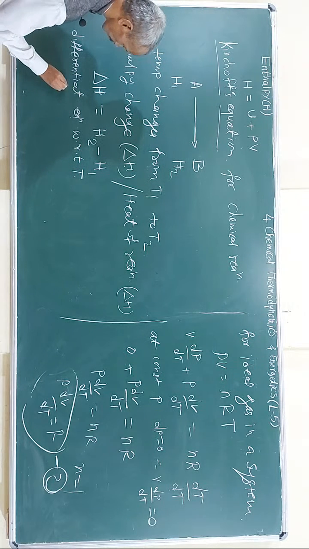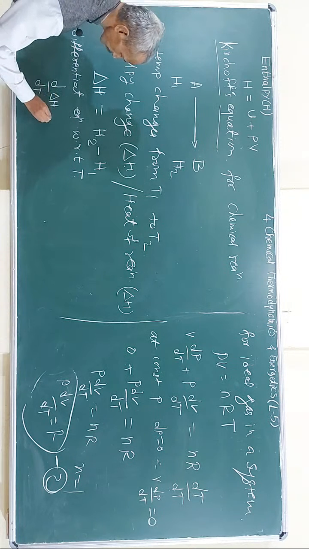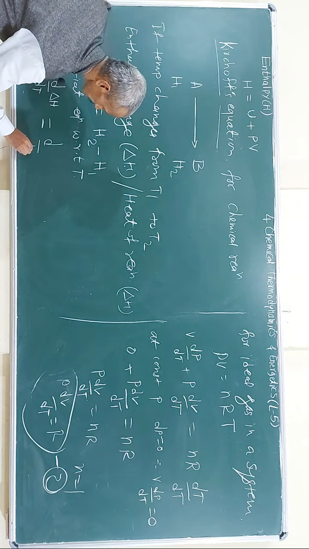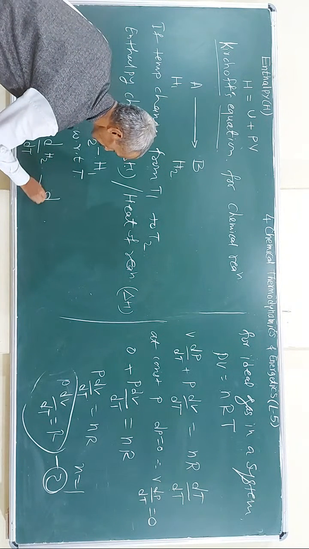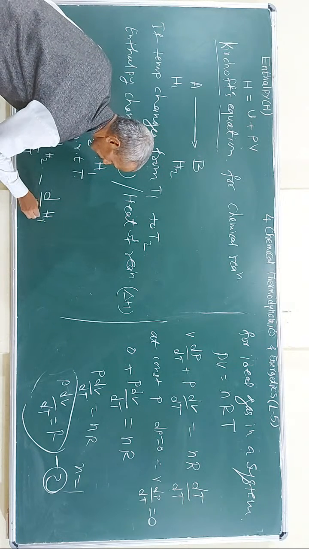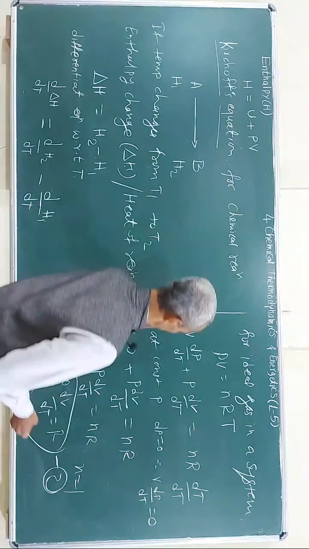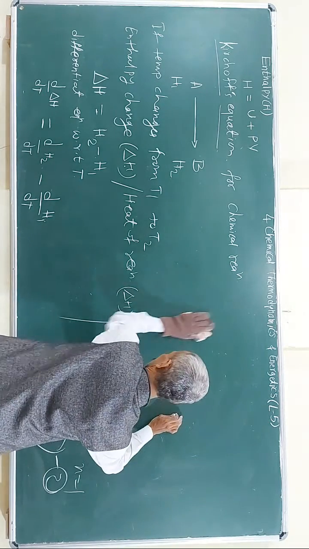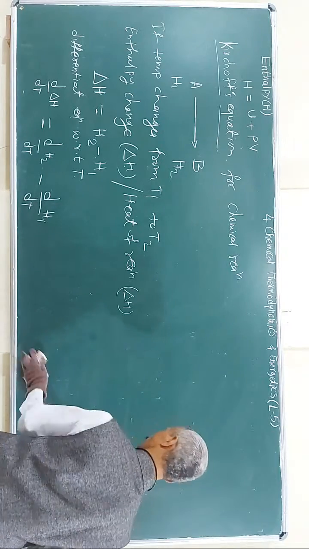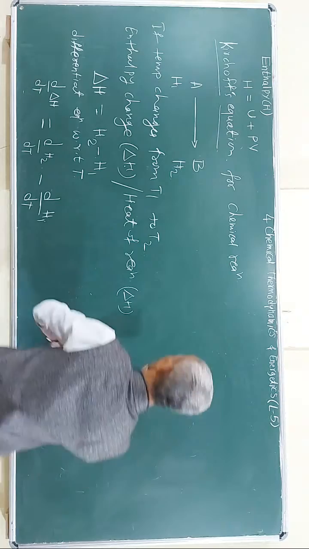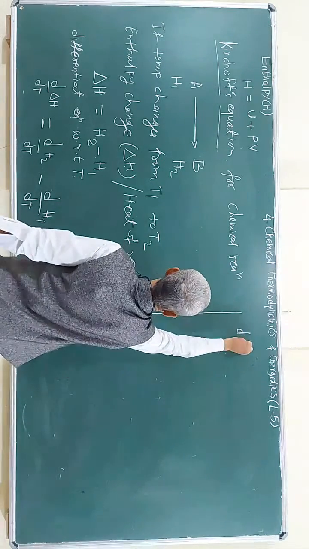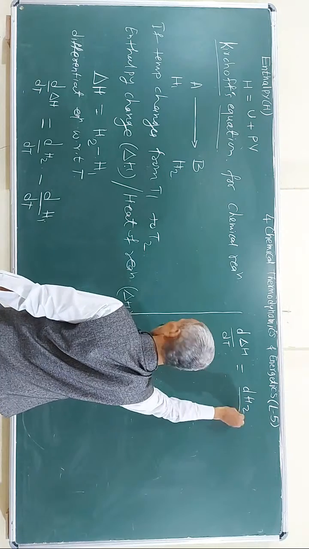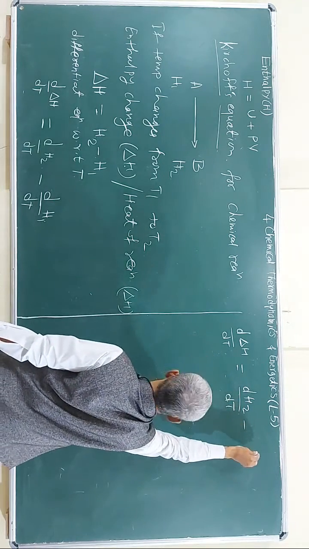So here d(delta H)/dT is equal to dH2/dT minus dH1/dT.